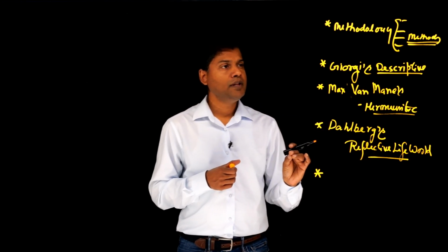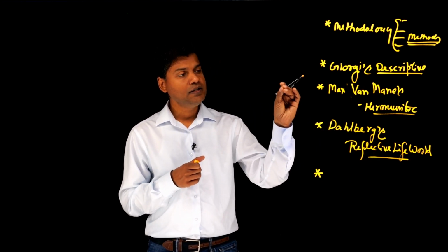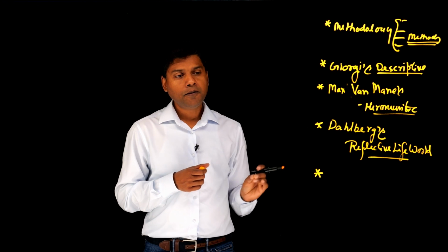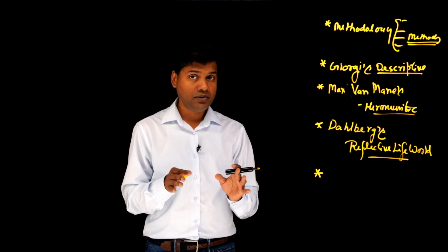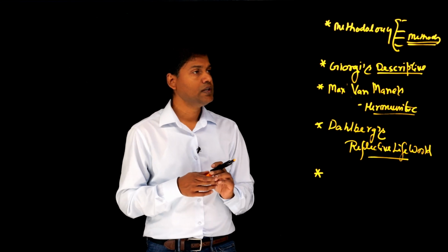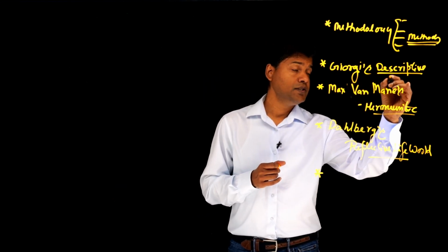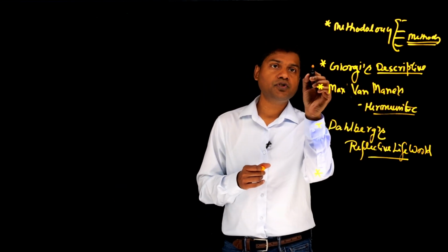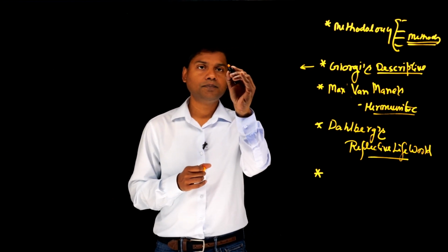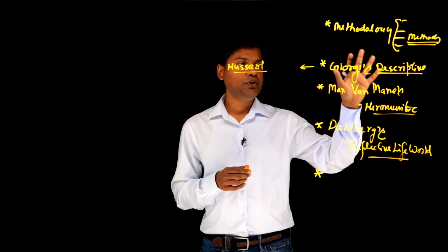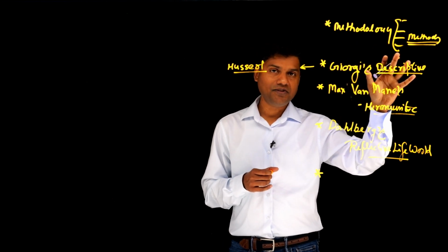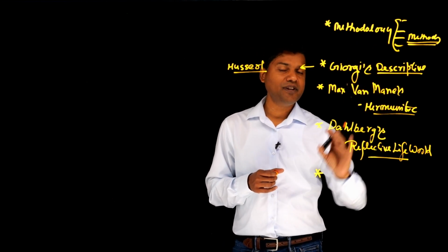Now, remember that each of these methodologies is inspired by a particular phenomenological tradition. For instance, Giorgi's descriptive phenomenology is inspired by Husserl. In fact, it is called a modified Husserlian phenomenology or descriptive phenomenology.